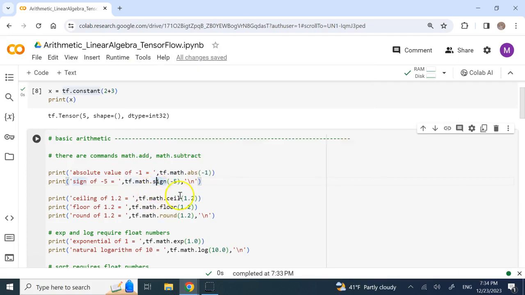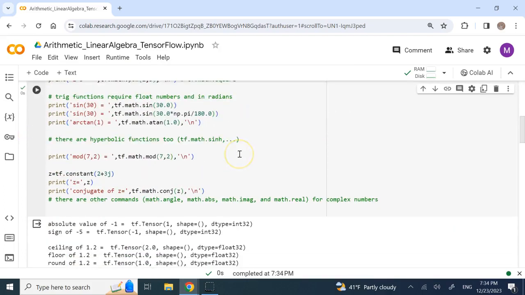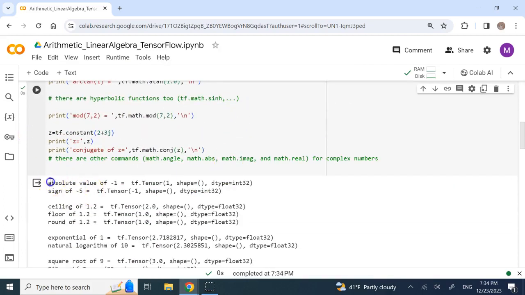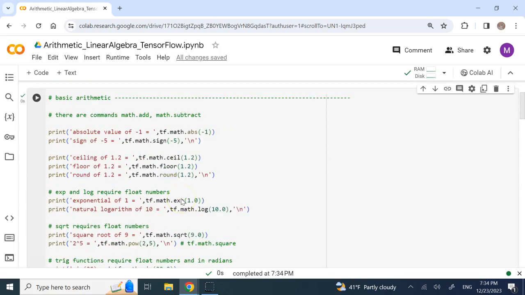And for ceiling, floor, and rounding, we have the ceil, floor, and round functions, right? So if I run this portion for you, you see here that the absolute value of -1 is equal to 1, right? That's the answer. The sign of -5 is -1. The ceiling of 1.2 is 2. The floor of that is 1. And the round of that is also 1.